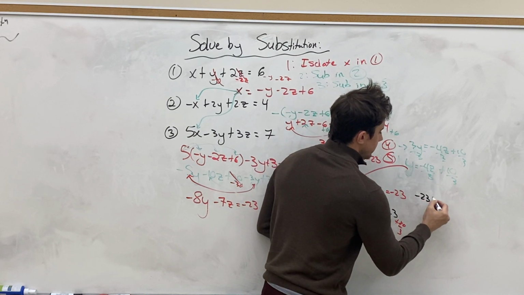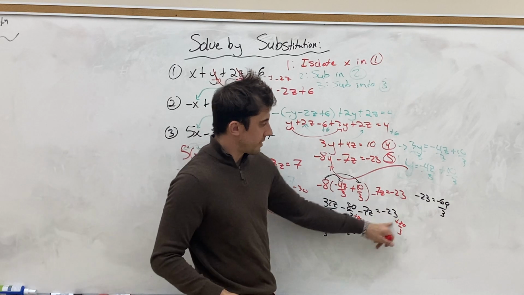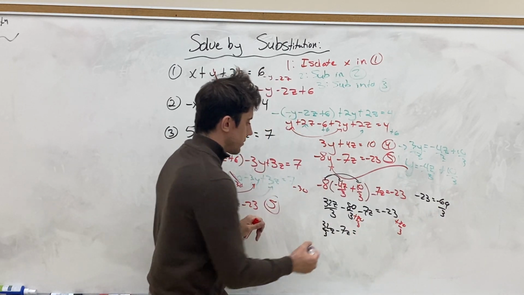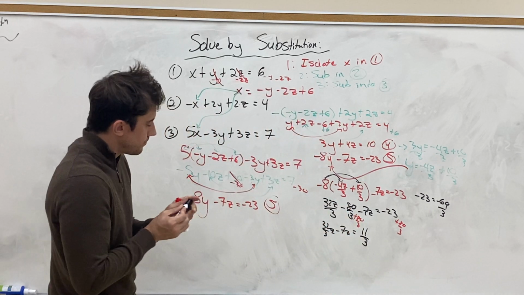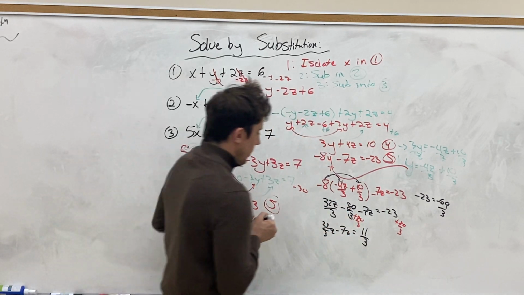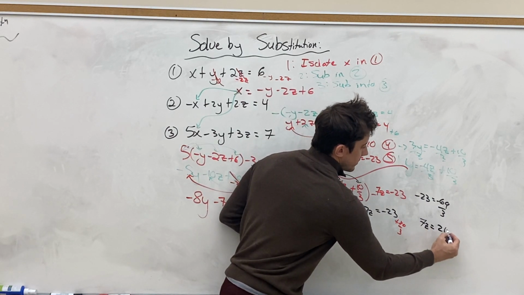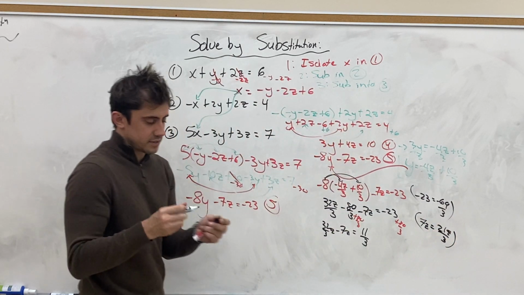Negative 23 is equal to negative 69 over 3, right? And so if we want to add those together, getting a common denominator, negative 69 over 3 plus 80 over 3 is going to be positive 11 over 3, right? And likewise, 7z is equal to 21z over 3, right? Just side notes to keep in mind.